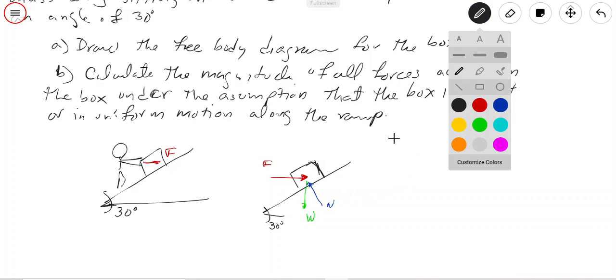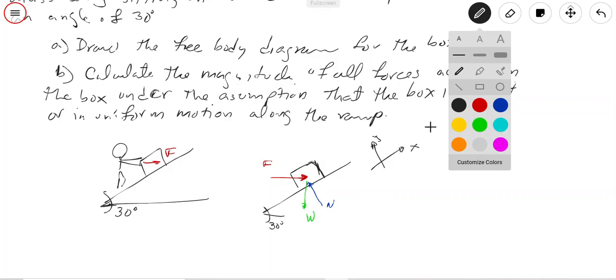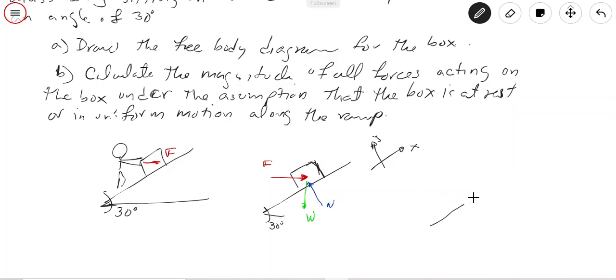As you can see here now, I will be taking this axis as the x-axis, this one as the y-axis. I'm going to do something similar to what I did before in one exercise, that is to rotate the coordinate system to align it with the inclined plane. And then now I know that the force F and the weight are going to have components on my x and y axes. I'll represent also the components, right?